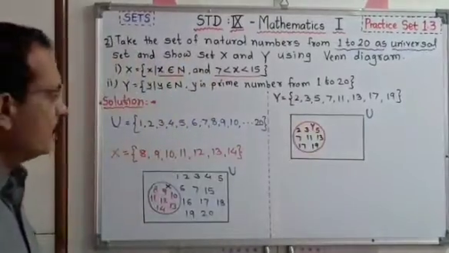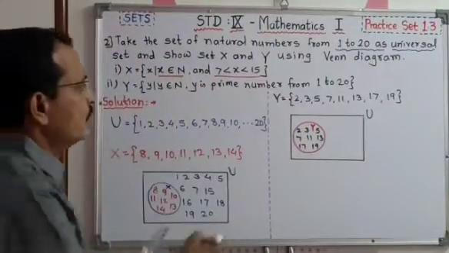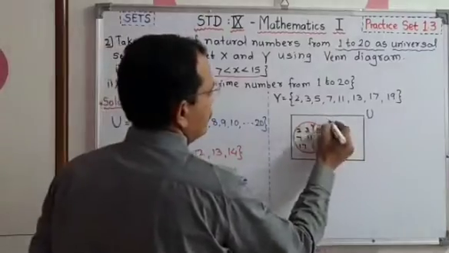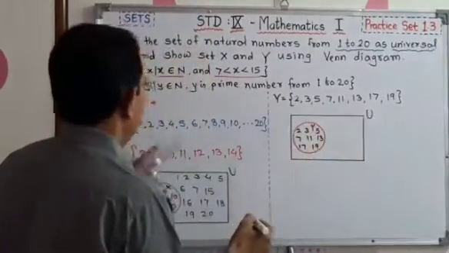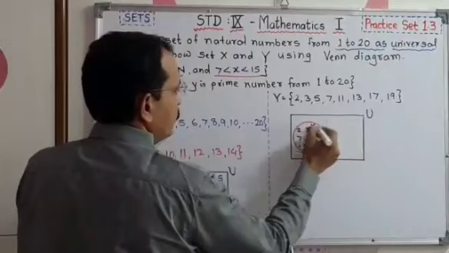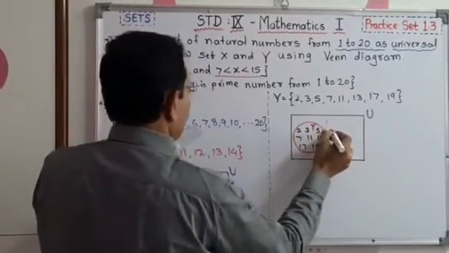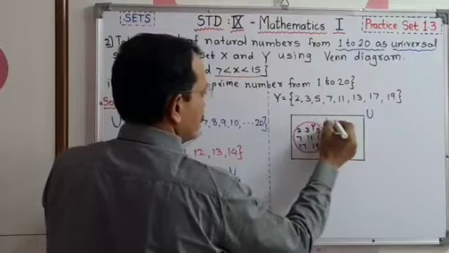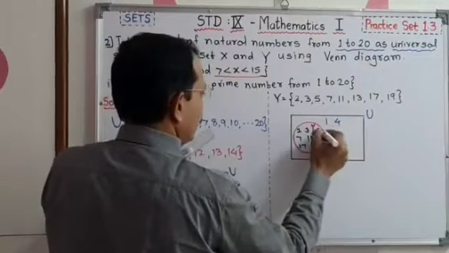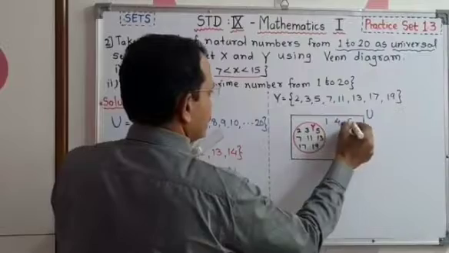Now the rest of the elements we have to write in this area. See, 1 first, 2 we have already written, therefore no. 3 too. Then we have to write 4. After that 5 is there, we have to write 6.